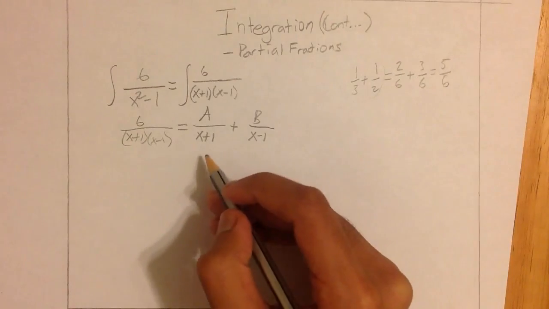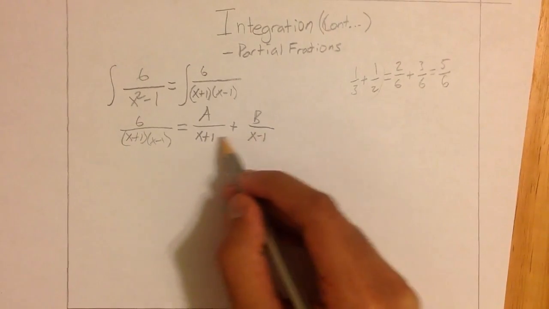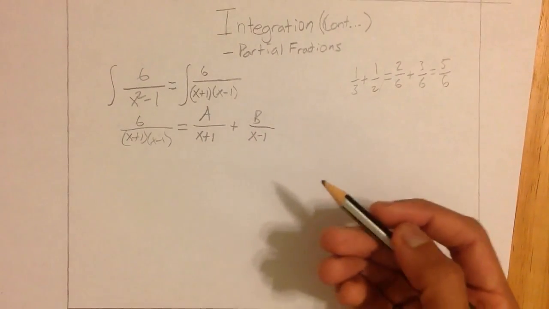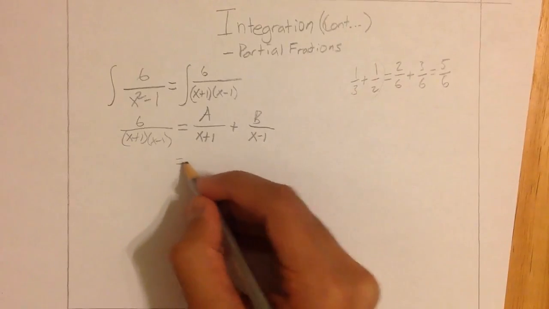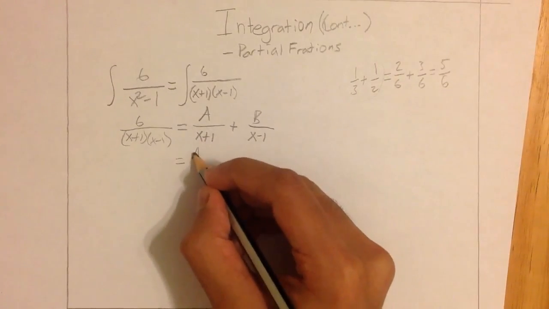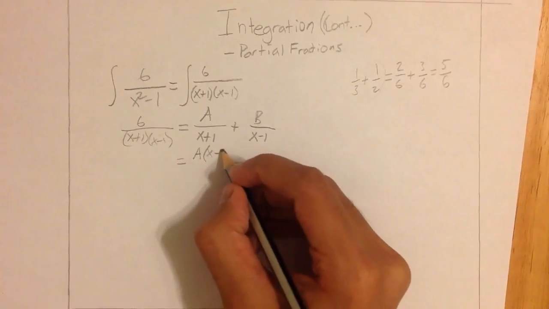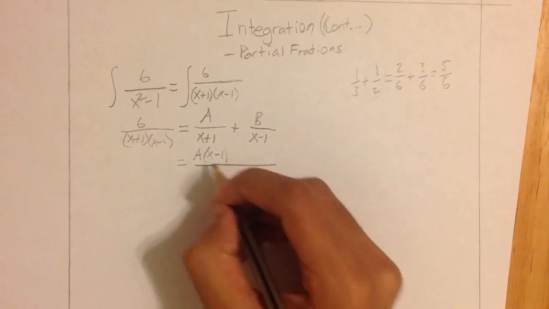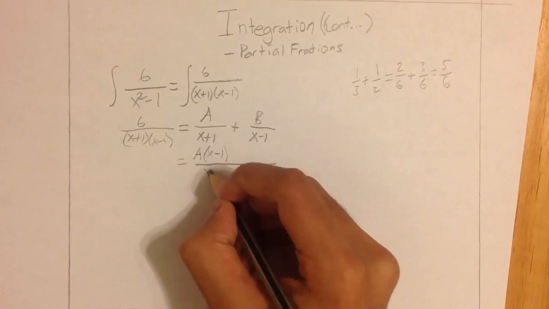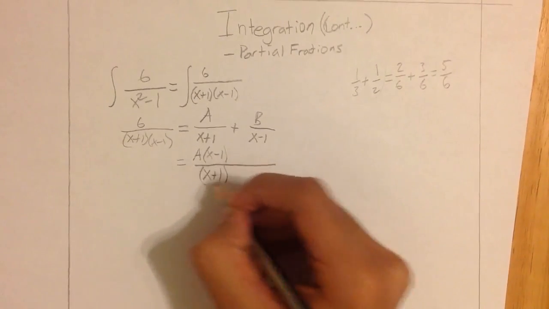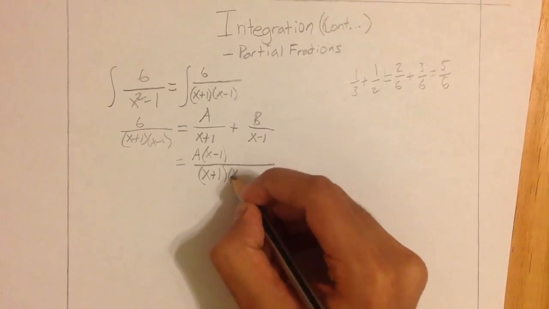Then we will combine these two denominators to form one denominator. To do that, we'll multiply this fraction by x minus 1 over x minus 1 to give a denominator of x plus 1 times x minus 1.